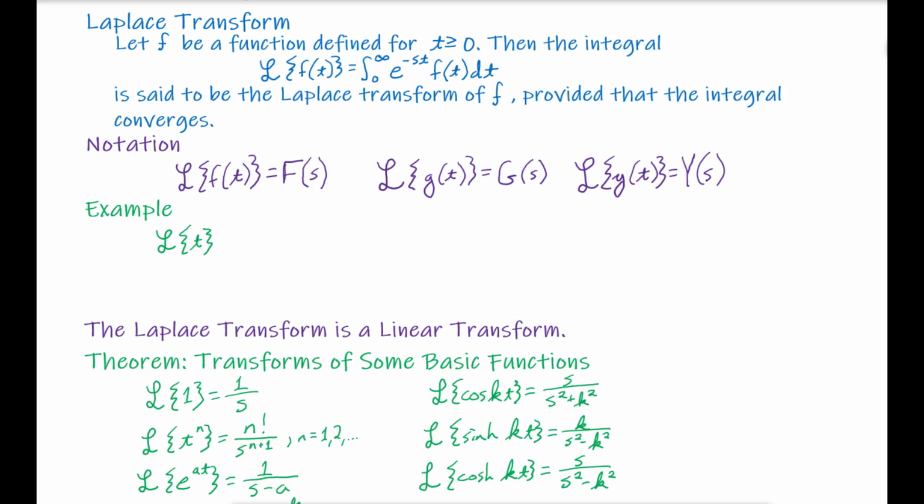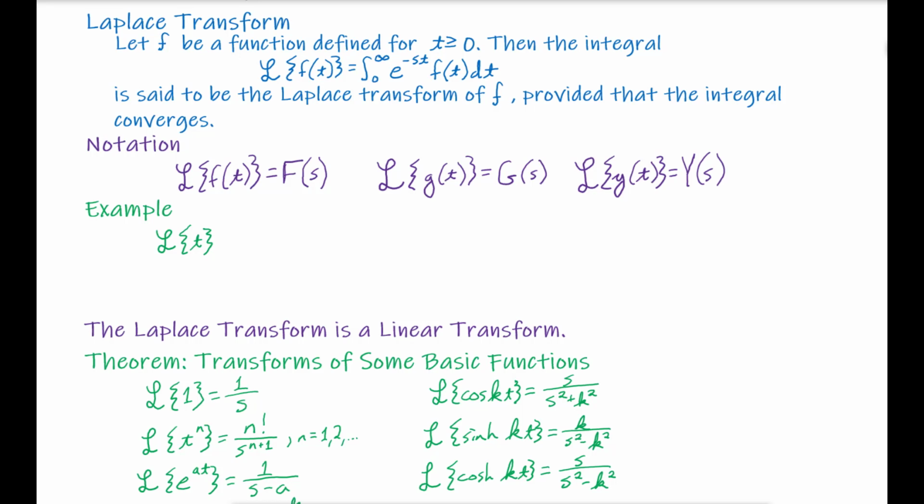Now, just a little bit of notation that we're going to use from here on out. When we talk about the Laplace transform of lowercase f of t, we're going to denote that with capital F of s. Since s is an independent variable in our kernel function, our Laplace transform is going to be dependent on that value s, since we're only integrating with respect to t.